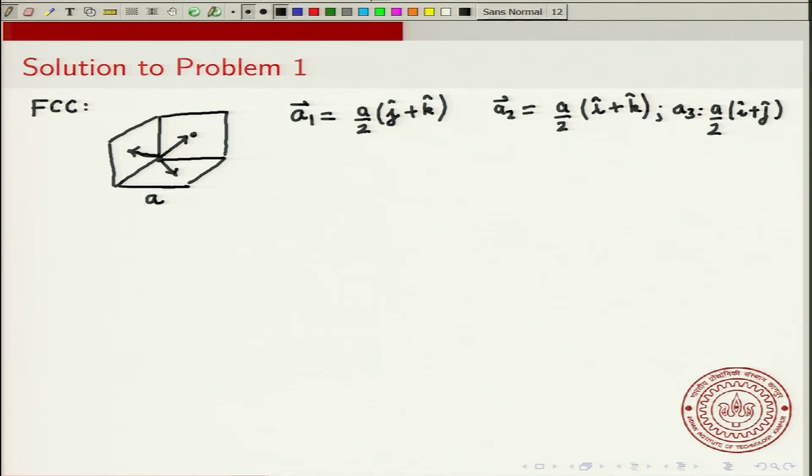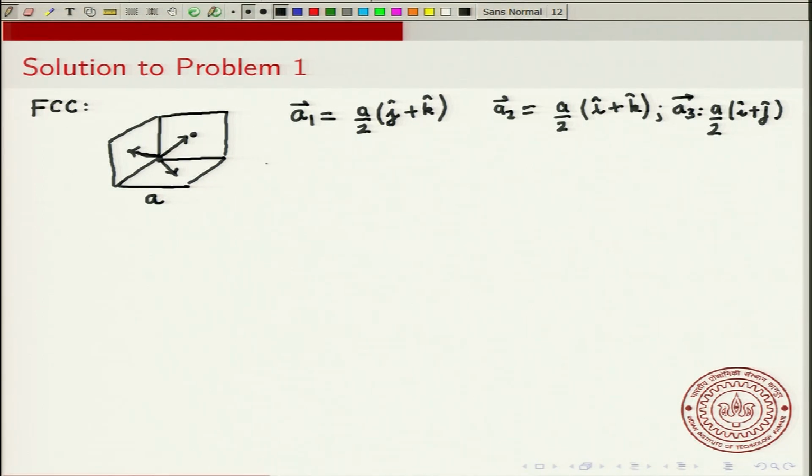I can take them in any order, it does not matter. So, these are my 3 primitive translation vectors. Now, you can directly guess what the volume will be, the volume that is formed by these 3 primitive translation vectors, but let us work it out.